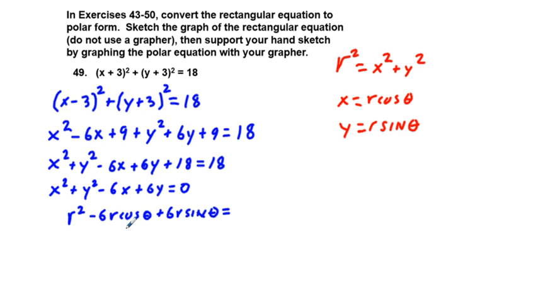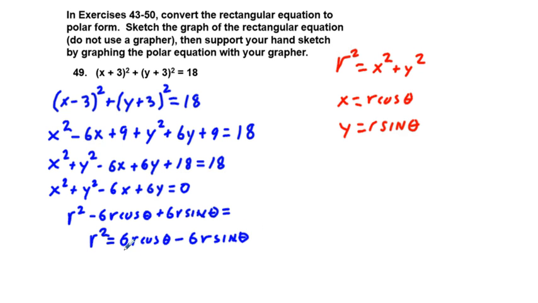And if we add 6r cosine theta and subtract 6r sine theta from both sides of the equation, we're going to get r squared is equal to 6r cosine theta minus 6r sine theta.